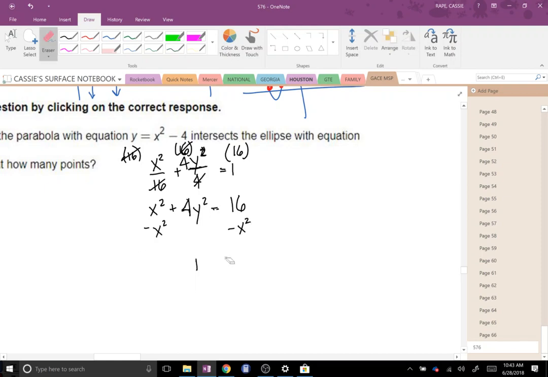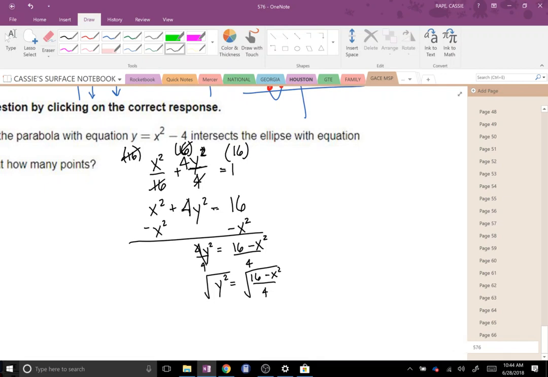So 4y squared is equal to 16 minus x squared. You're going to divide by 4. And that makes y squared equal to (16 minus x squared) over 4. Now, you're going to square root both sides. But an important point is that when you take a square root on both sides, you have to remember that it's plus or minus the result.